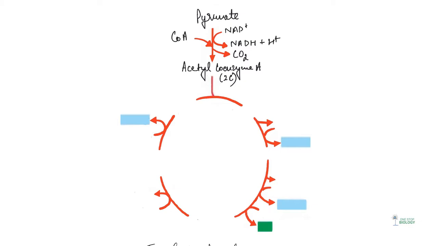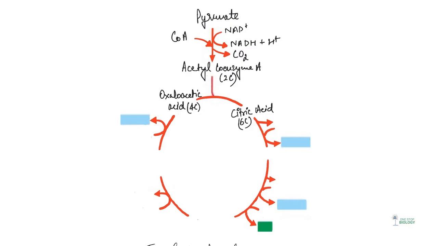So with the help of, in the presence of oxaloacetic acid, which is a 4 carbon compound, right? This is condensed into citric acid, which is a 6 carbon compound now, right? So this is a 6 carbon compound, right?